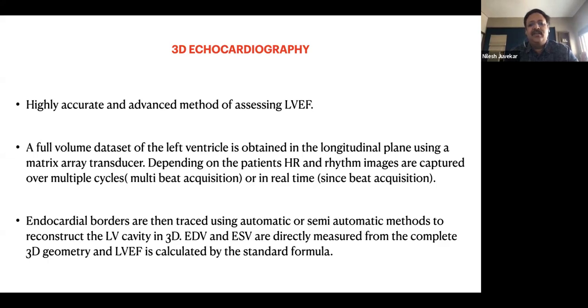Now, the endocardial borders are traced using automatic or semi-automatic methods to reconstruct the LV cavity in three-dimensional form. From this, the end diastolic and end systolic volumes are measured, and LVEF is calculated by our standard formula: end diastolic minus end systolic, divided by the end diastolic volume, into 100.